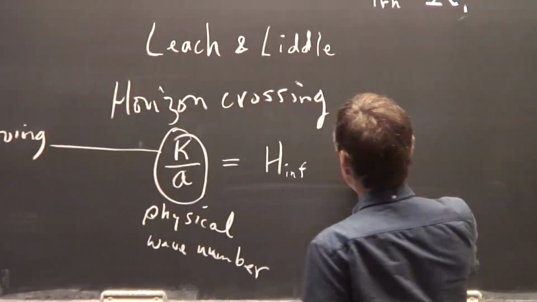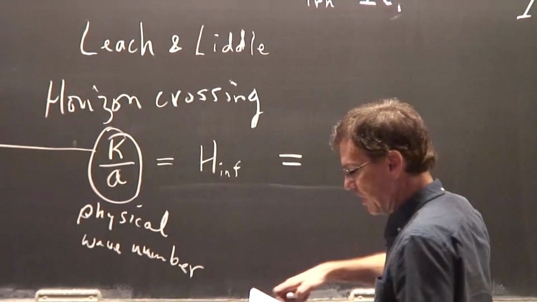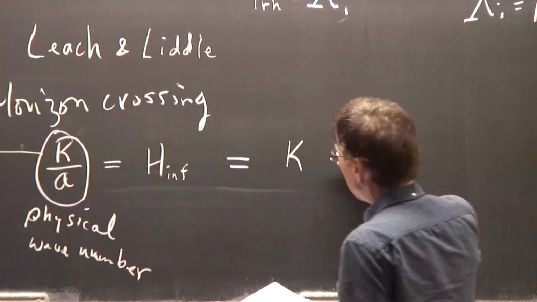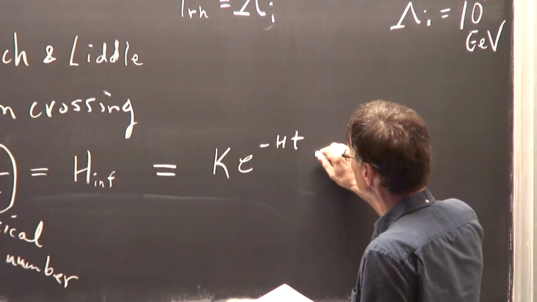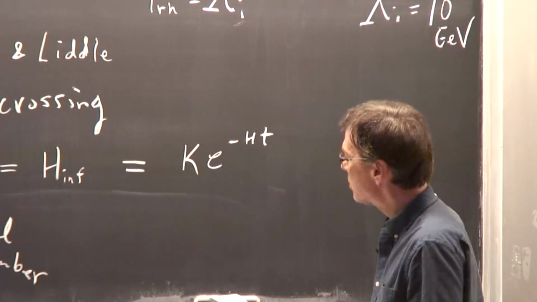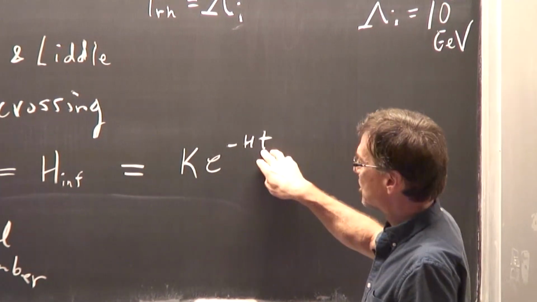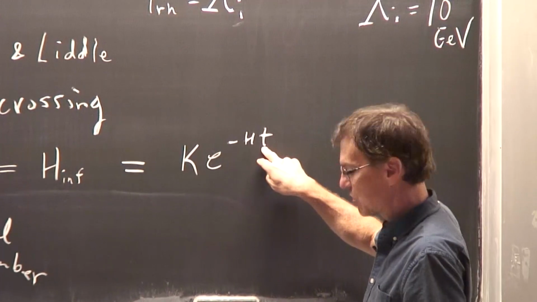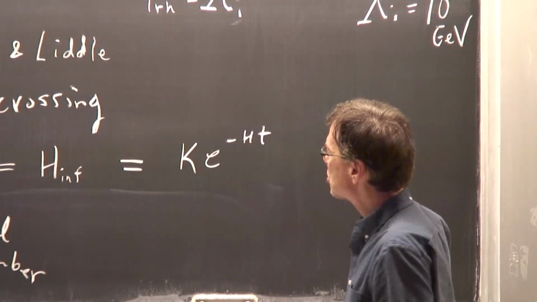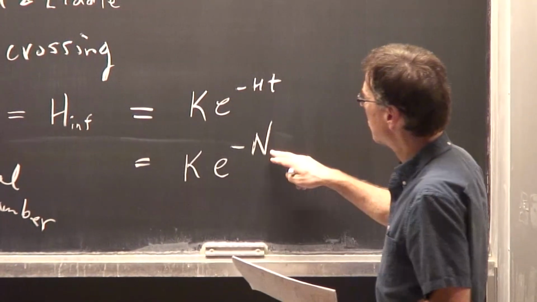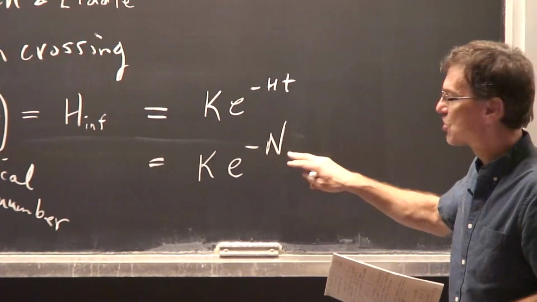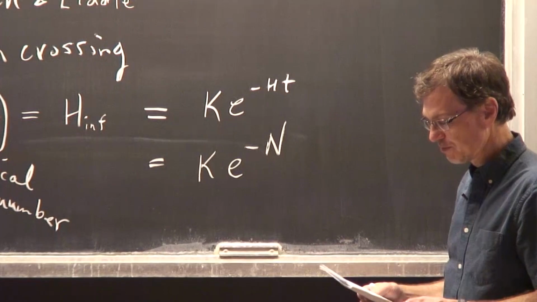And then, mathematically, since during inflation a is e to the minus Ht, we can relate this to the time of horizon crossing, or usually more convenient, we can relate it to a number of e-foldings at horizon crossing.